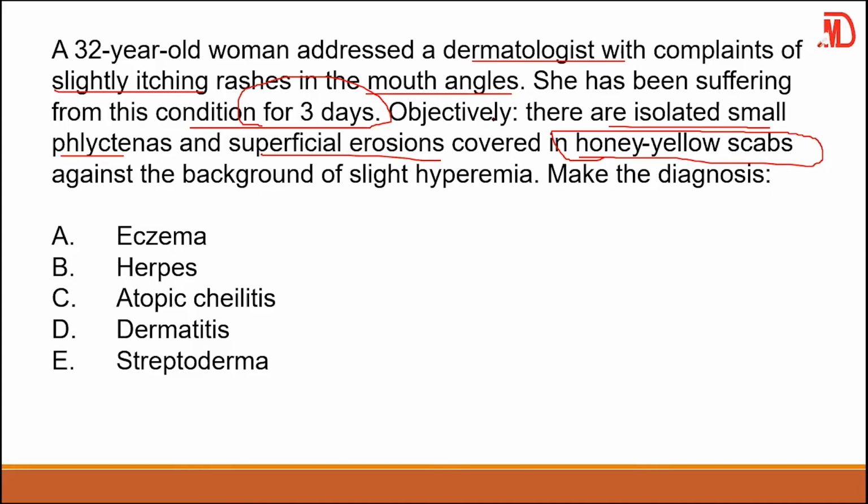So we're having, against the background of slight hyperemia, definitely inflammation, no doubt. Now make the diagnosis. The honey yellow scabs against the background of hyperemia tells us that we might be having a case of impetigo.